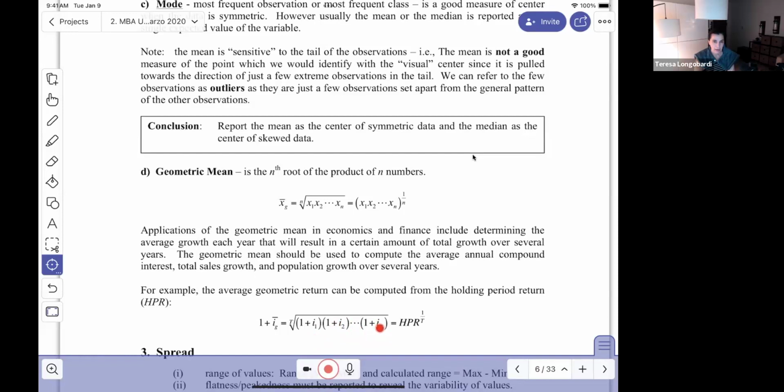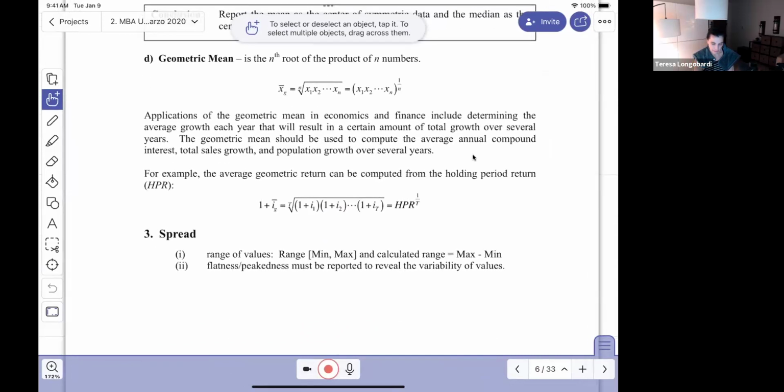You can figure out the average of that growth over that period by multiplying these accumulation factors together and taking the root. I won't do this in this course, but you might have seen that, or you might see that sometime. It's just another measure of average when you're dealing with rates. So don't worry, you won't see that if that worries you.